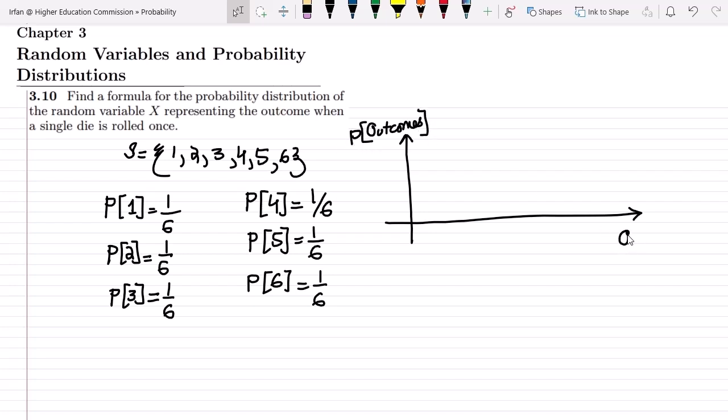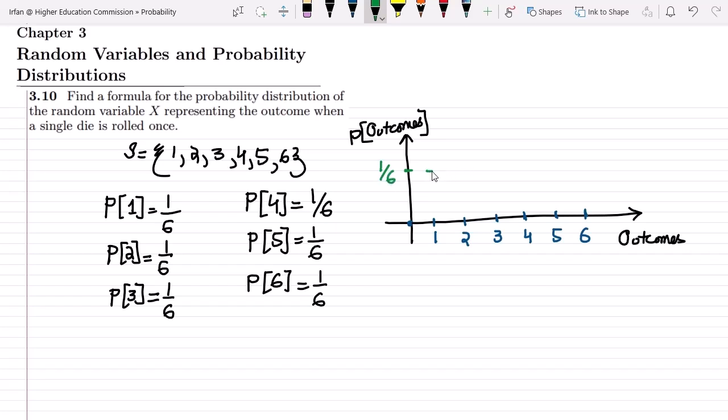If this is 0, we will have here 1, 2, 3, 4, 5, 6. And let me have here this 1 by 6.